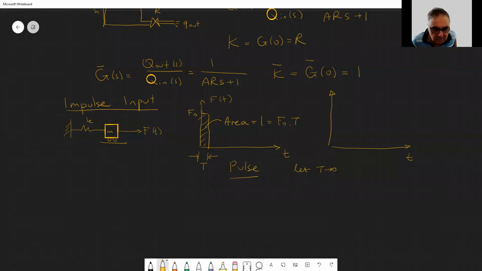So at all times, this input is 0. But when time equals 0, it goes to infinity. So we call this delta of t, which is the impulse function.